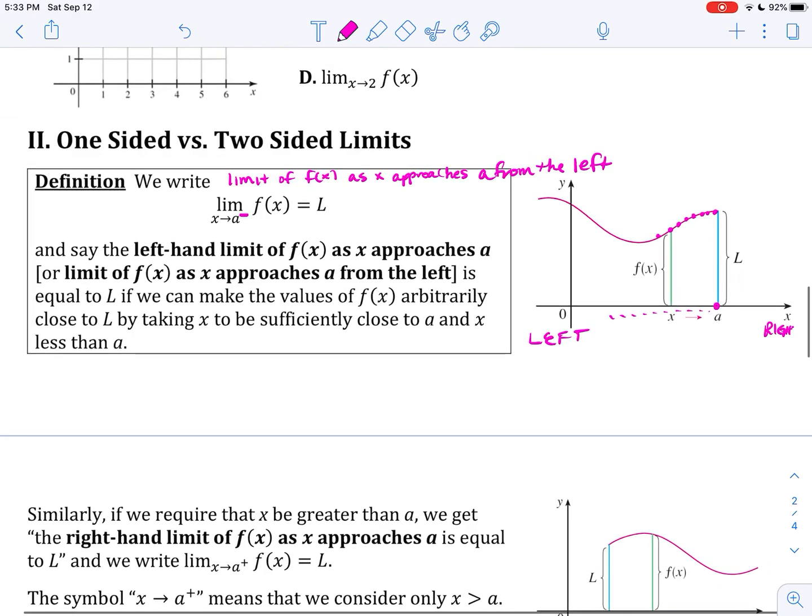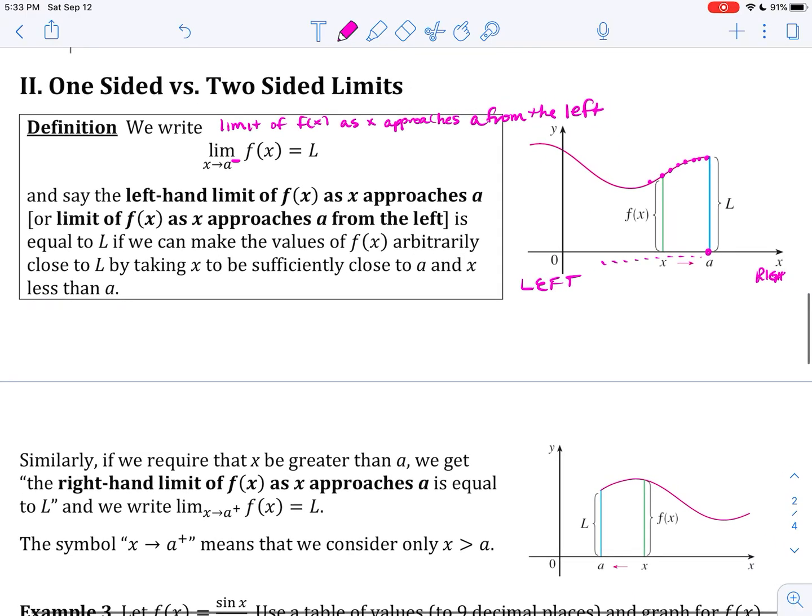Good, and so we're only interested in what function outputs are approaching a from the left. Notice we put that minus, and the plus, as you'll see for right-handed limits down below. This is the limit as x approaches a from the right. We put those plus and minus signs in the exponent area because we usually reserve plus and minus on the left-hand side of a for the actual positive or negative sign.